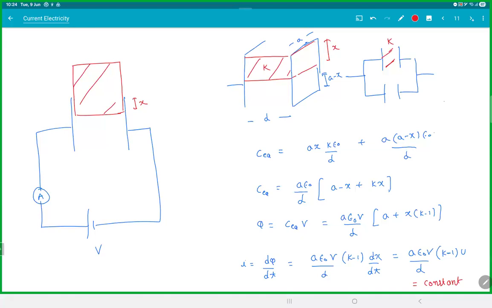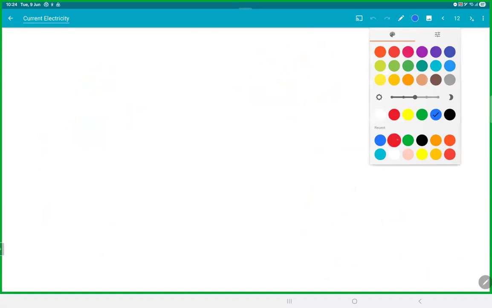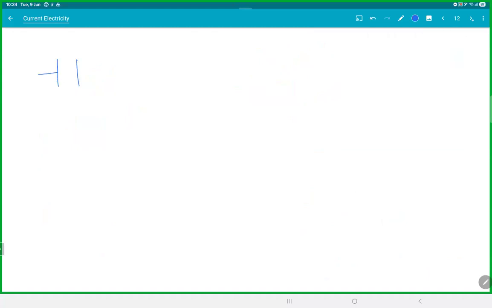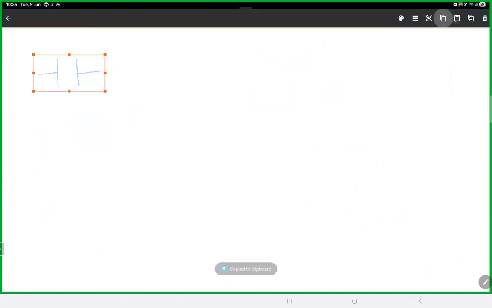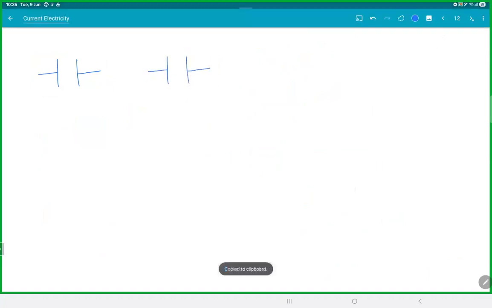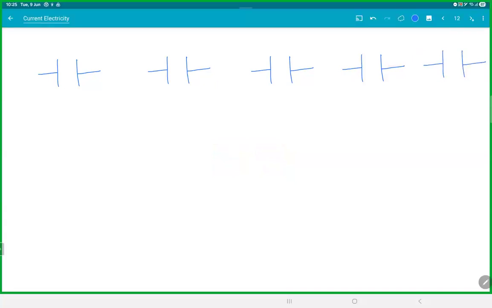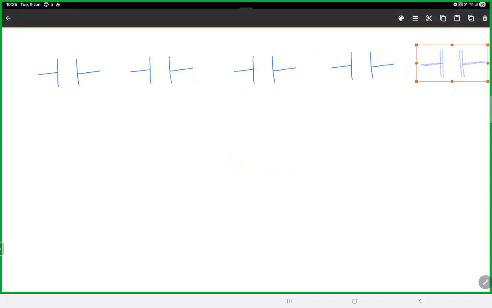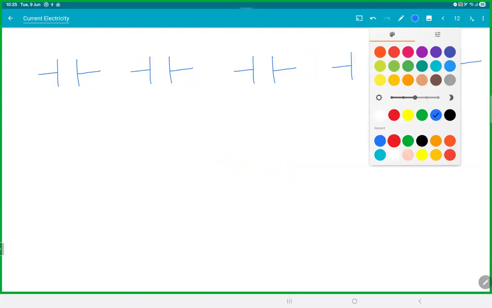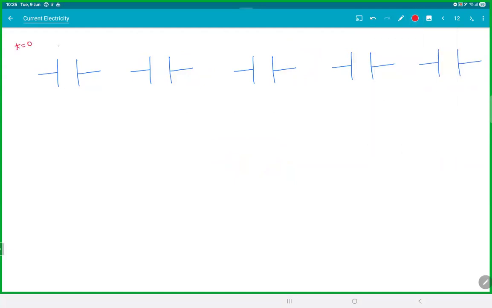Right. So if you just look at the picture, what is happening? The current actually changes direction. Look at this. At T0, you are just outside.